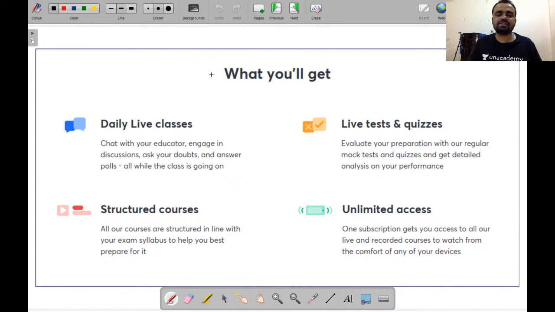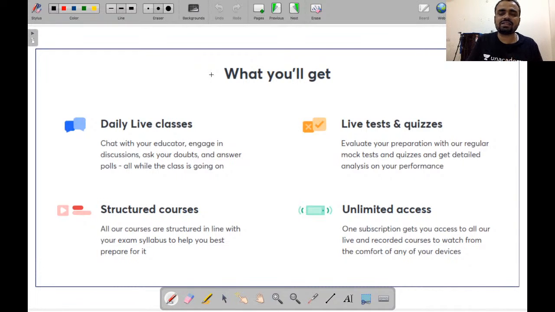What you will get? This is the major question that arises in everyone's mind. The first thing, you are going to have daily live classes. The second thing is the structured courses. What is the meaning of structured courses? Just after the completion of one subject, your next subject will be pre-planned and you have to intimate it. So that is the meaning of structured courses.